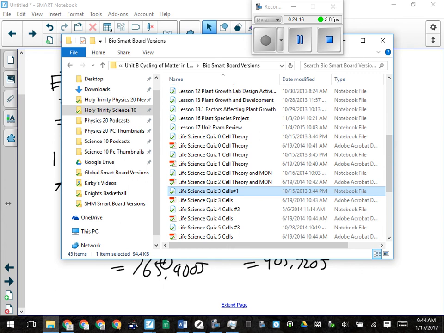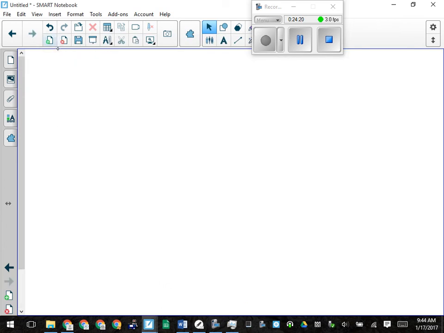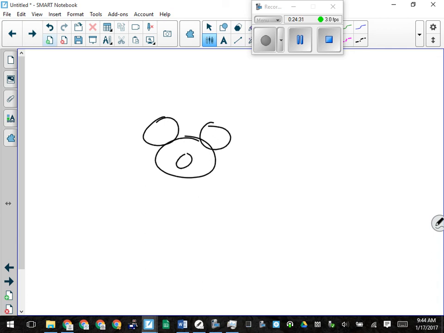Polar nature of water. Okay, so water is a polar molecule because it looks like Mickey Mouse, right? Hydrogens are not very electronegative. Oxygen is very electronegative, which means oxygen holds onto electrons harder than hydrogen does.